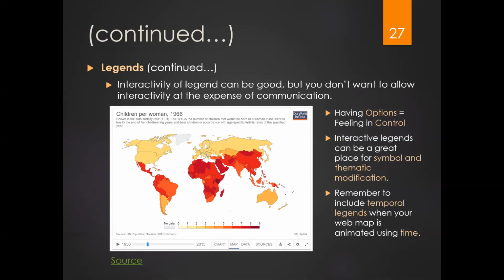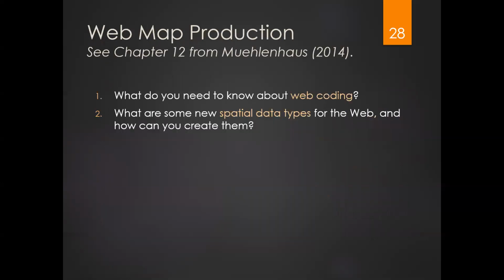Okay, and also if you are making an animated map, remember to include temporal legends when your map is animated using time. So what is a temporal legend? You can find more details in former lectures about animation. Okay, and yes, that's for the second part of this lecture. Thank you.